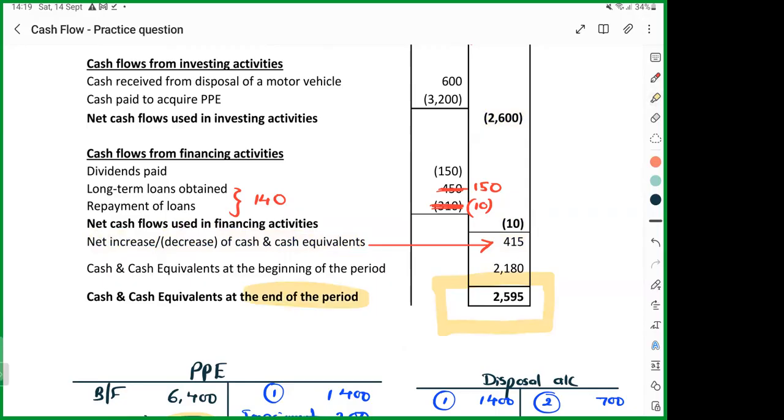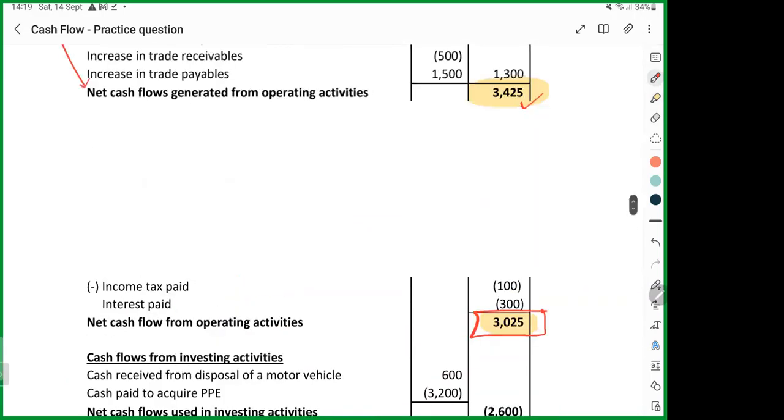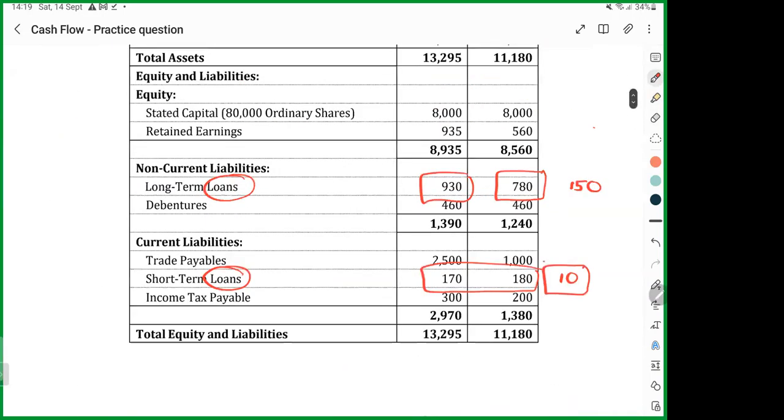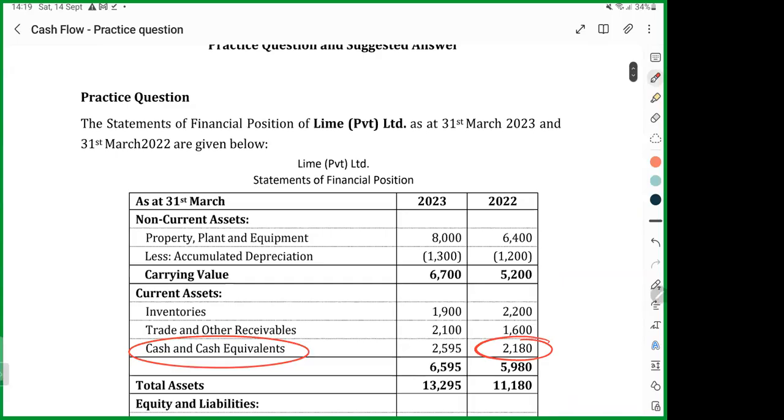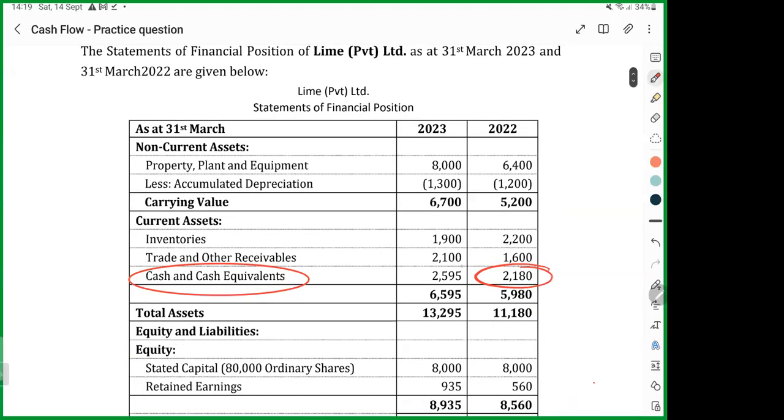So this balance should be equal to the balance in the statement of financial position. You see, cash and cash equivalent at the end, 2595.